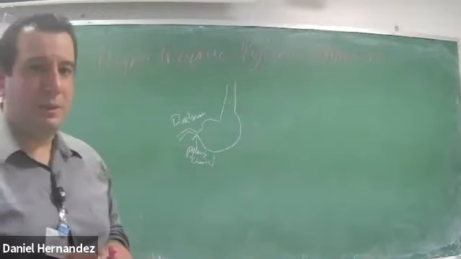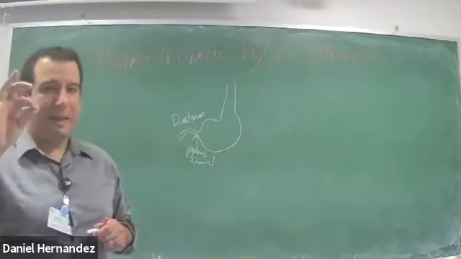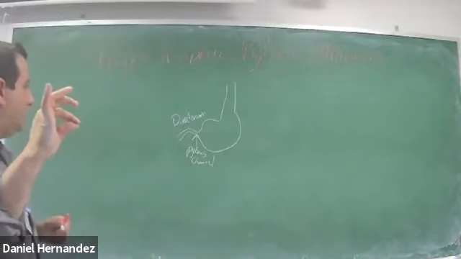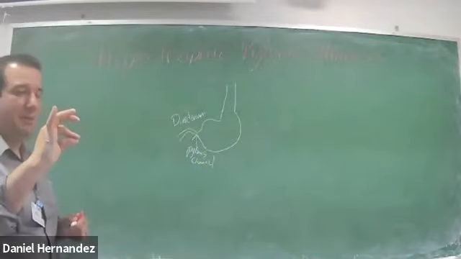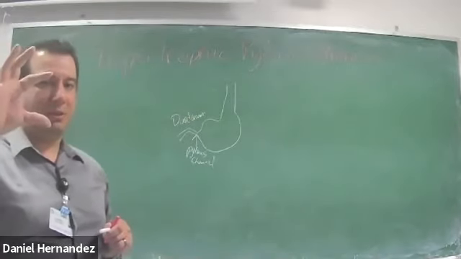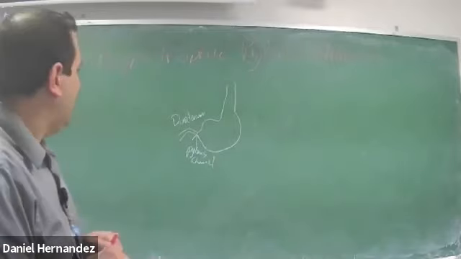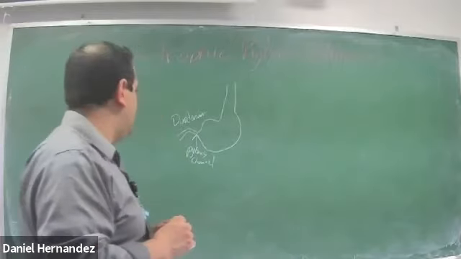So typically when the stomach is empty, that channel is closed to prevent gastric juices from secreting into the duodenum. And then when we eat or drink something, the muscle relaxes and opens up, and the channel opens and allows for the passage of food and liquid into the duodenum.